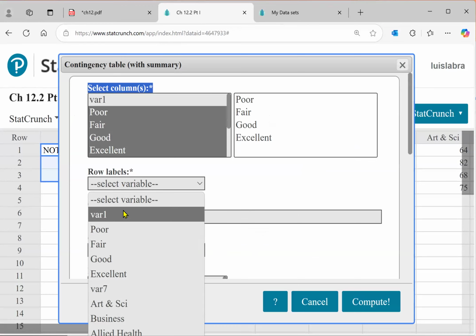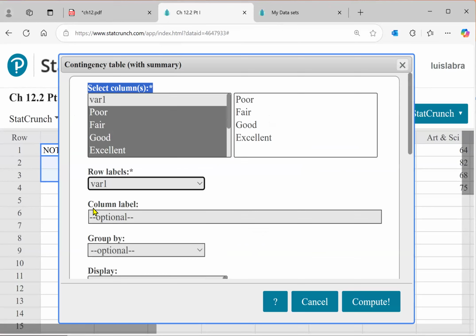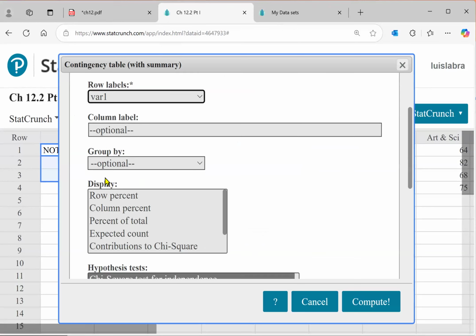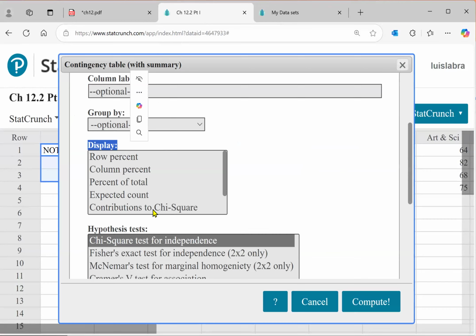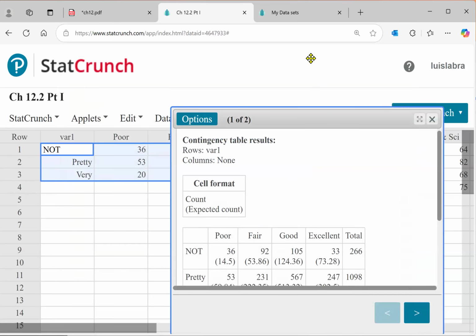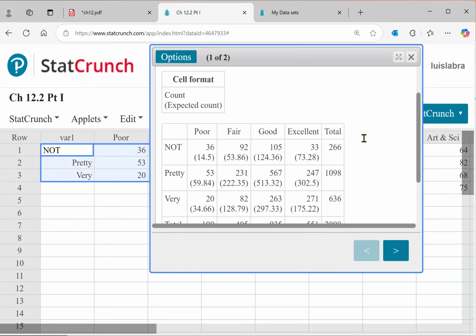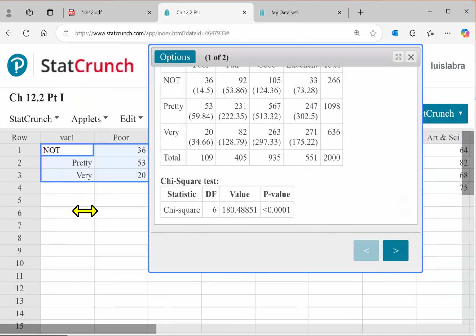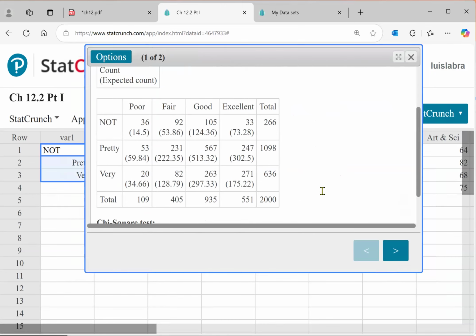The row labels were in var1. And that's pretty much it. You want to scroll down a little bit and it says, what do you want to display? And what we're going to display, now it seems kind of obvious, is the expected count. Press compute, and StatCrunch has performed that operation that we just did for each cell.